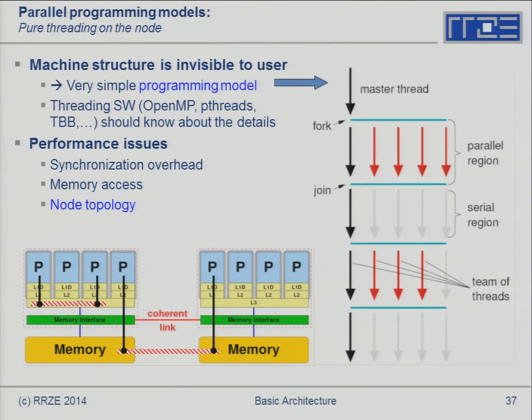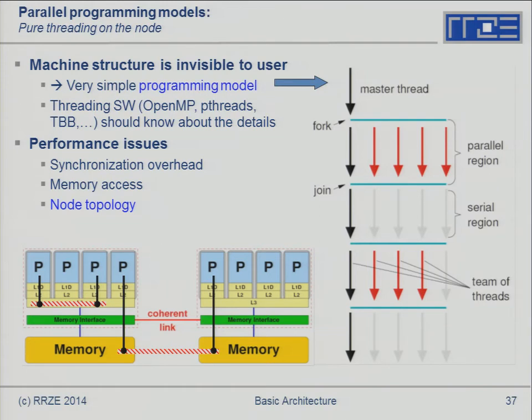For instance, if I have to synchronize threads using a barrier or a lock or some kind of synchronization primitive, then if I do that with two threads sharing an outer level cache, that's potentially much faster than doing that with two threads not sharing a cache. So the synchronization must be done using the main memory.